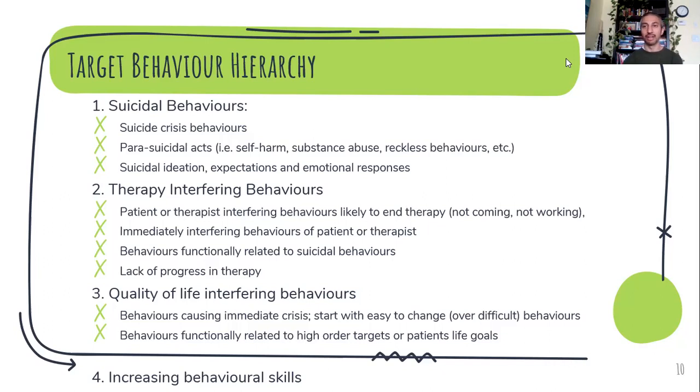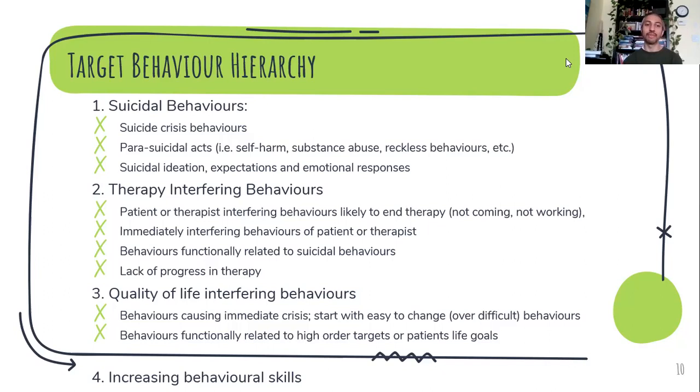So for example, using cannabis really heavily or drinking really heavily or regularly, not eating or sleeping, these could be considered therapy interfering behaviors, because if they come into session and let's say they haven't eaten very well in a few days, or they've been binging and purging a lot, or if they're getting very angry at the therapist regularly, these would be therapy interfering behaviors because they're continuing the suicidal ideation and they're getting in the way of making treatment progress.